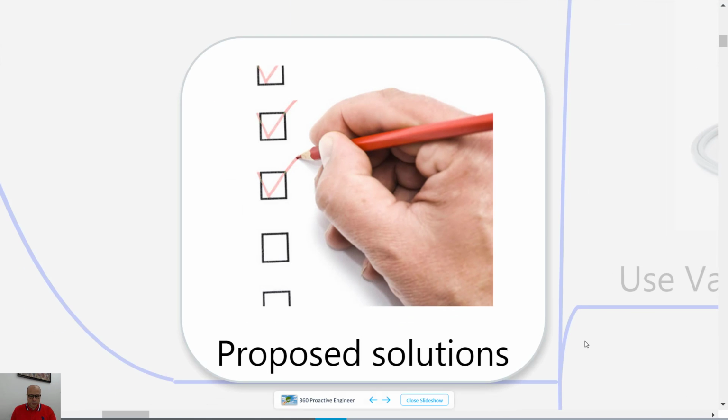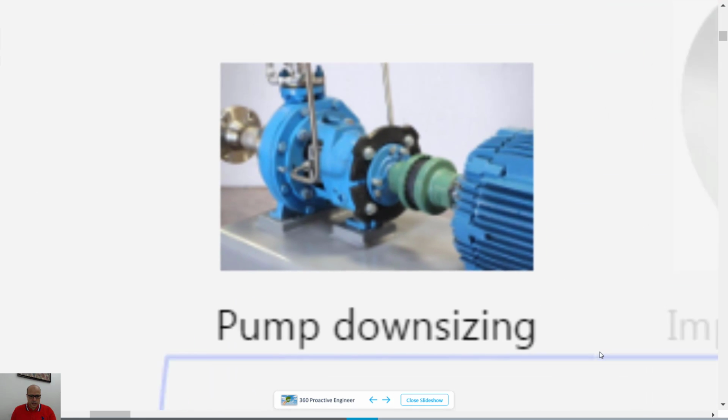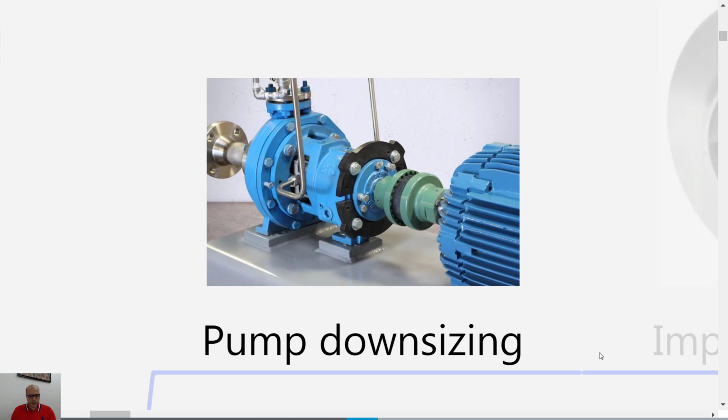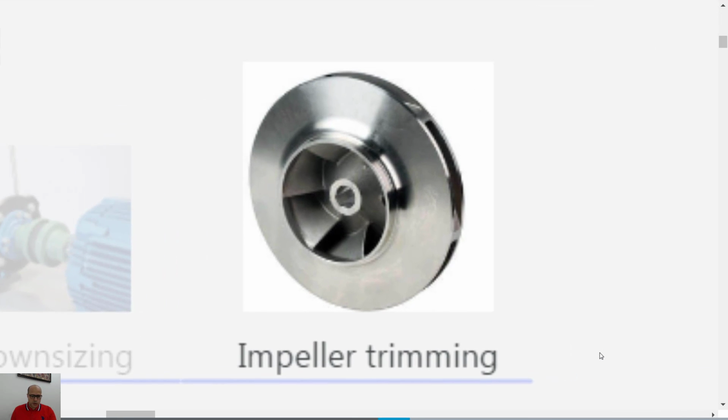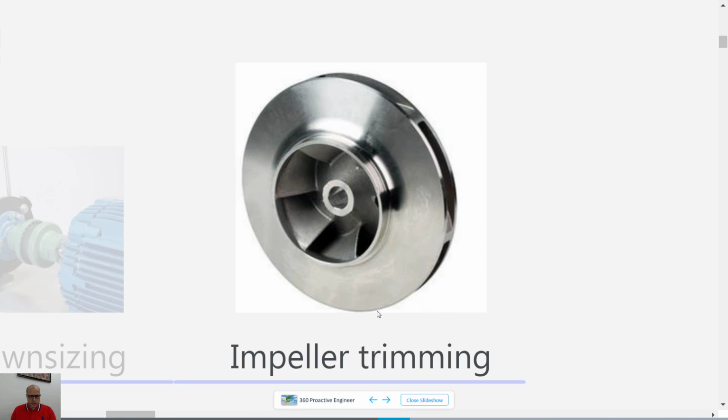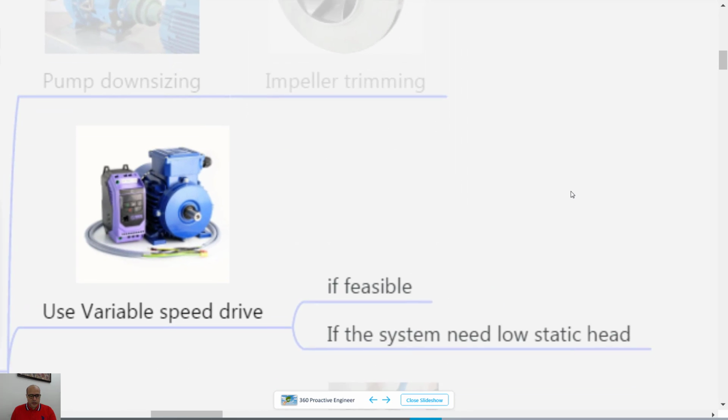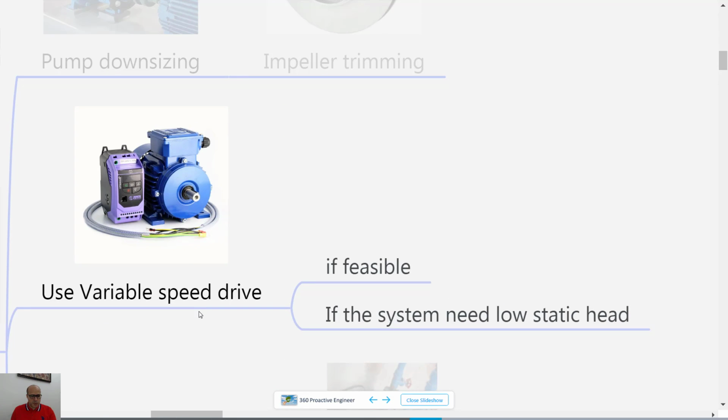So what is the proposed solution used in the industry in this case? Definitely it is pump downsizing. One option could be impeller trimming, but this kind of solution will work only for up to a 70% reduction from the nameplate capacity of the pump. Also, we can think about using a variable speed drive if it is feasible, and if the system running downstream of the pump is not using high static head.